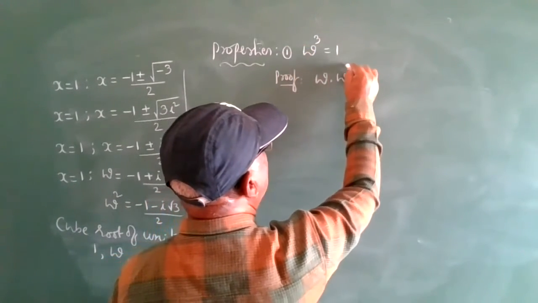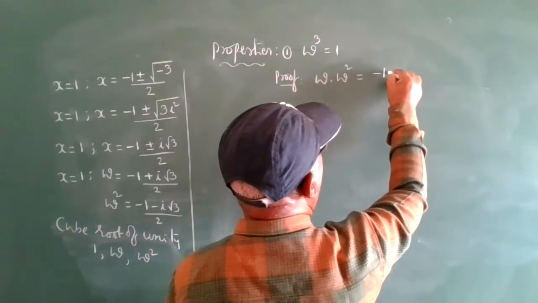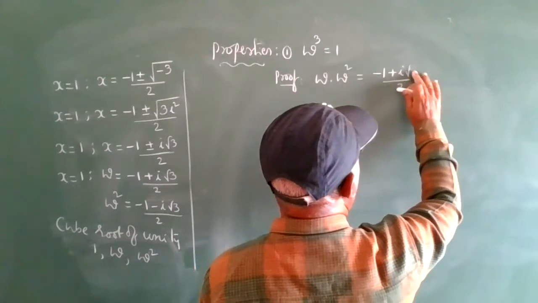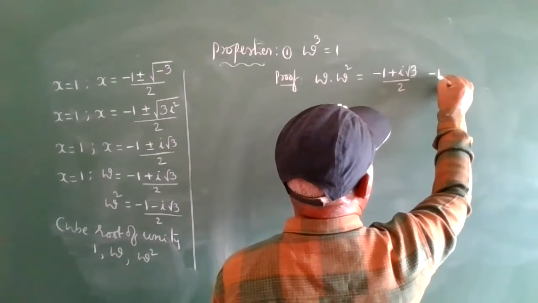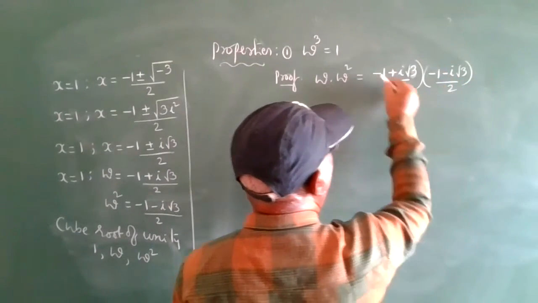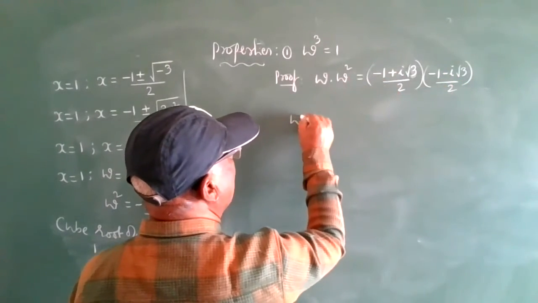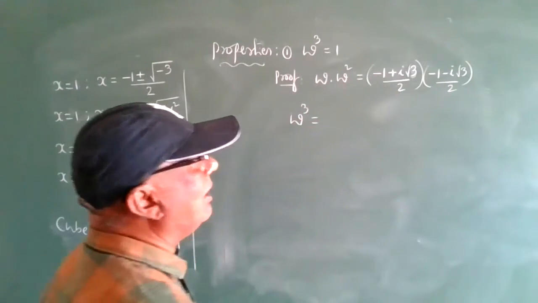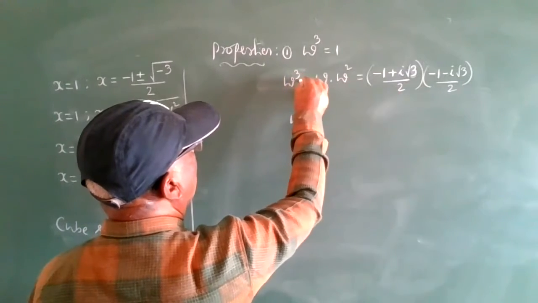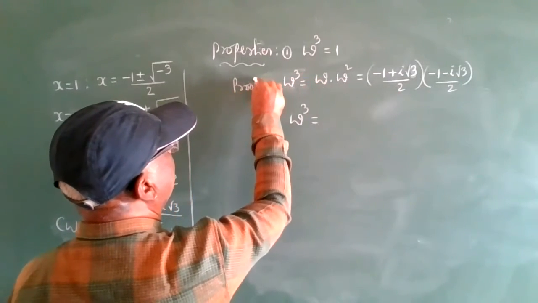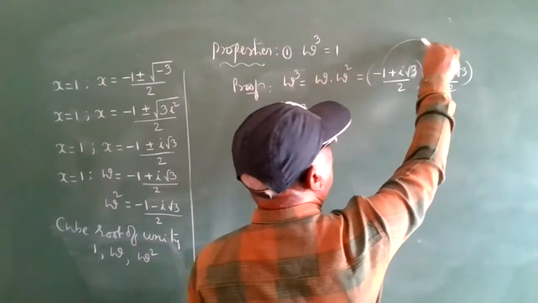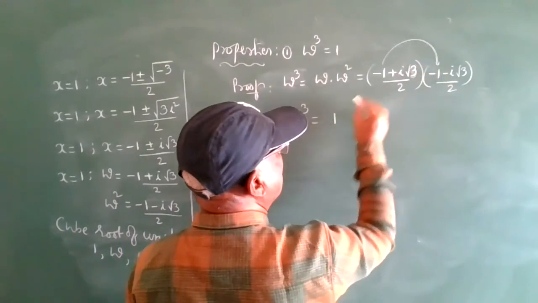Omega into omega square. Omega value is minus 1 plus i root 3 by 2, and the second one is minus 1 minus i root 3 by 2. Multiply these two: omega into omega square is omega cube. Minus 1 into minus 1 is plus 1.